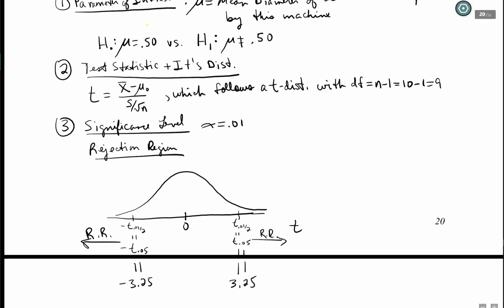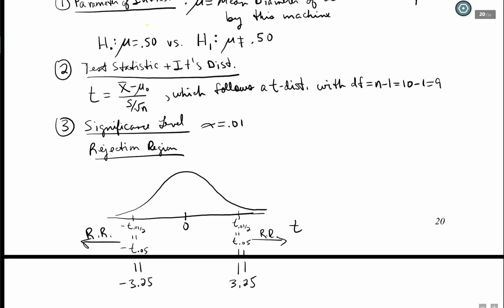A lot bigger would be reflected in a large t value greater than that. A lot smaller would be reflected in a t value less than that. So we have a two-tailed test.